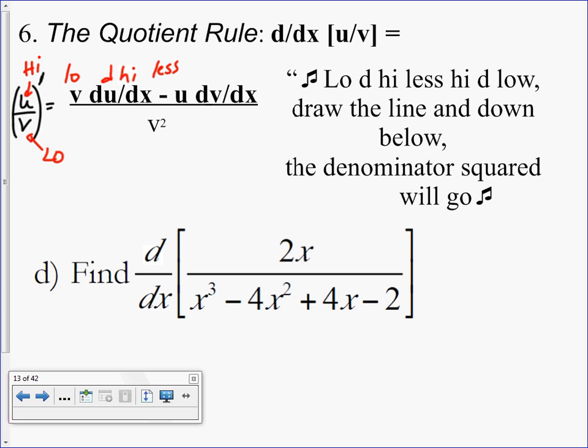The high, that's just your numerator. dv dx, that's d low. So far we have low d high, derivative of the numerator, less, minus, high is the numerator, d low means derivative of the denominator. Draw the line, and down below, the denominator, v squared, will go.